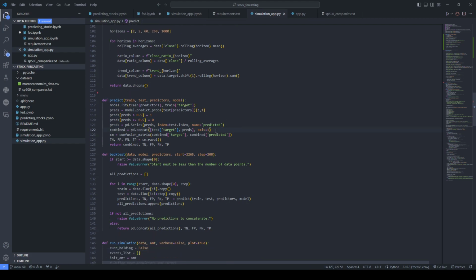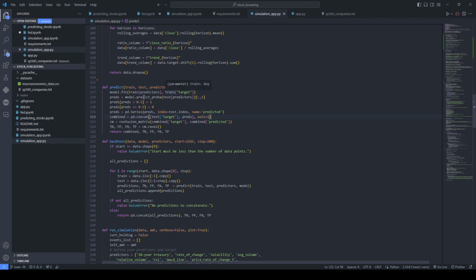So here we are making a prediction. We're not just predicting, we're getting the probability of it. If it's over 50%, say 51%, that's up, so we classify it as one, even though we're not really sure about it, because 51% could also mean down. But we're using 50%.